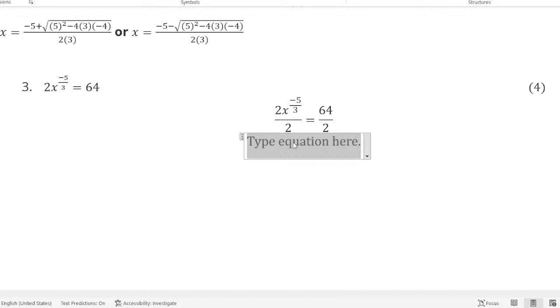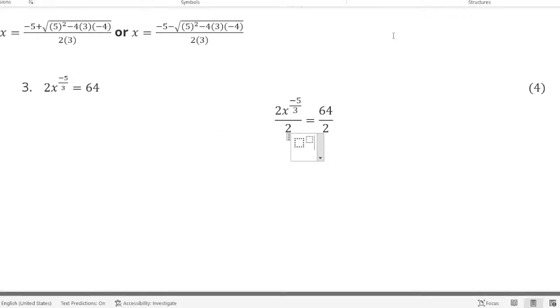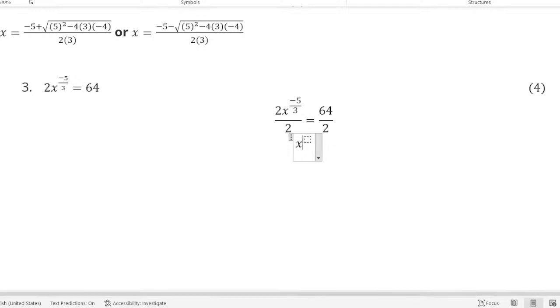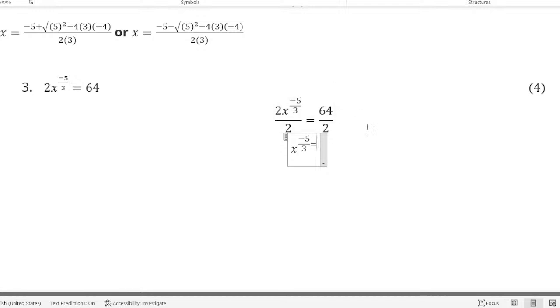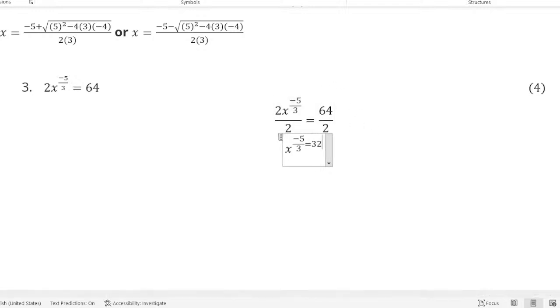On the left hand side, we're left with x to the power negative 5 over 3, is equals to 64 divided by 2, that is 32.